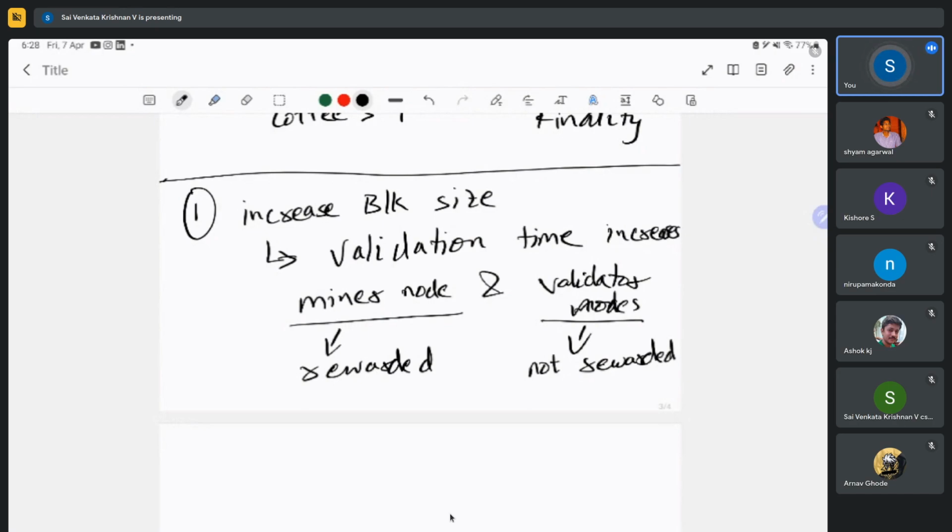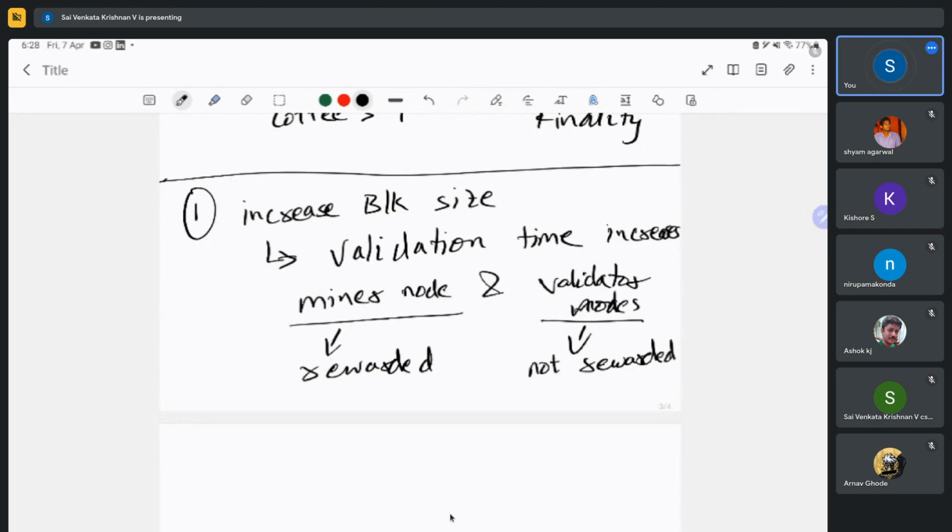If we increase the block size, they would have to spend more money on buying those resources, since lightweight nodes have a constraint on storage and computational requirements. That would be a drawback.